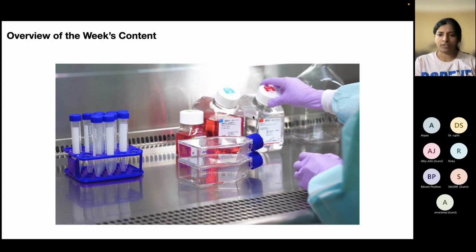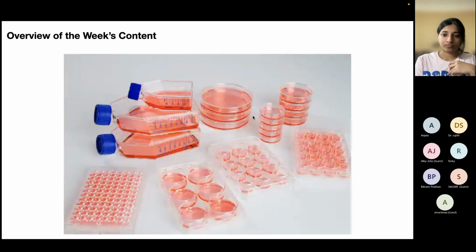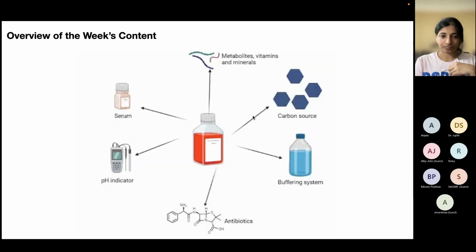Cell culture, like bacterial culture, has specific requirements of media, and this is a schematic of the basic components a cell culture media requires. If you just think about it, it requires nutrients, it requires a carbon source.